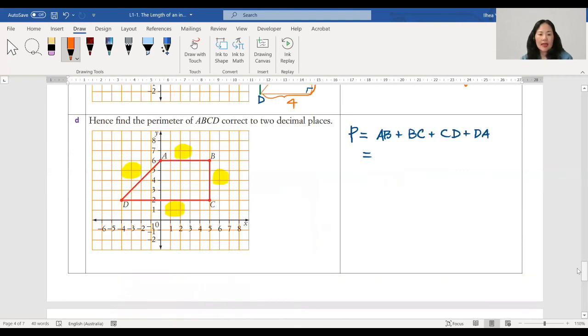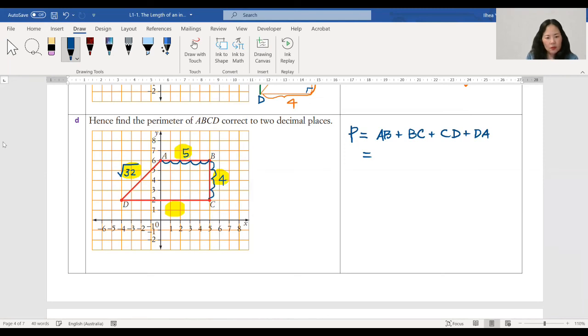All right, D, hence, that means therefore, find the perimeter of ABCD. We know that this is square root of 32. We just found that. What about the length of AB? 3, 4, 5. Okay, so that's 5. And this one, 1, 2, 3, 4. 4.